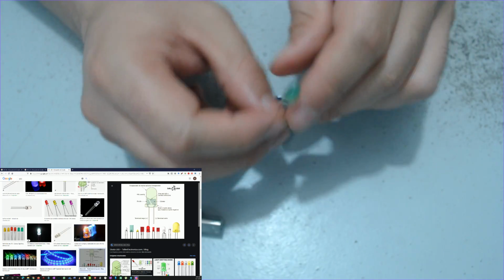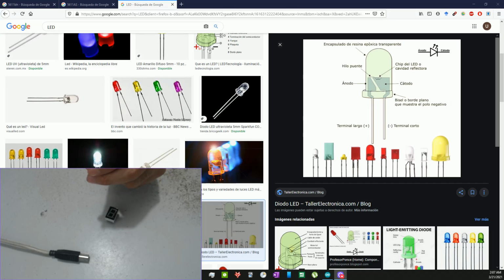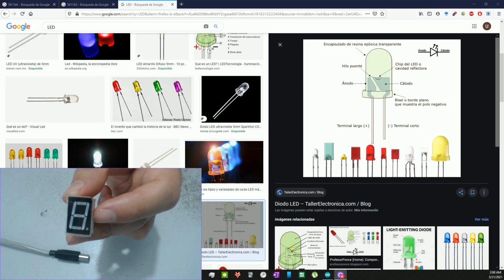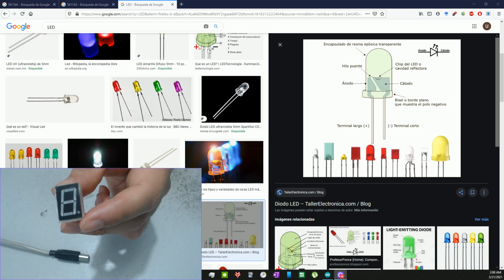And if you remember, all the LEDs have a polarity. They got a positive connection called anode, and they got the negative connection called cathode. So in order to reduce the connections required to power the 7 segment display, we get some connections together.